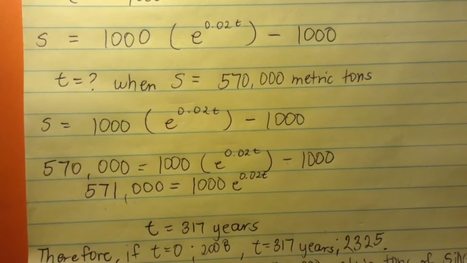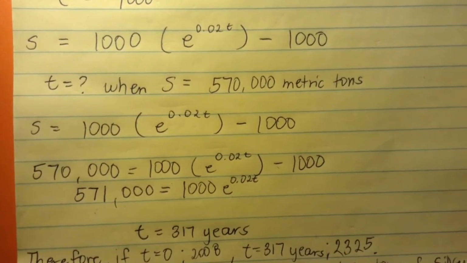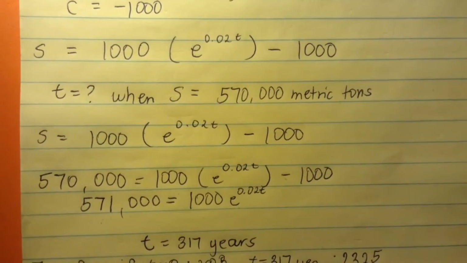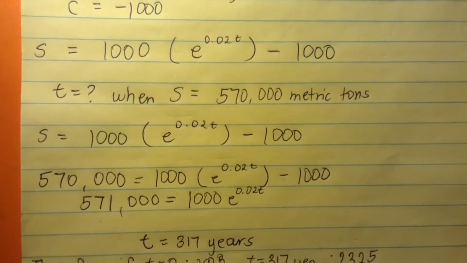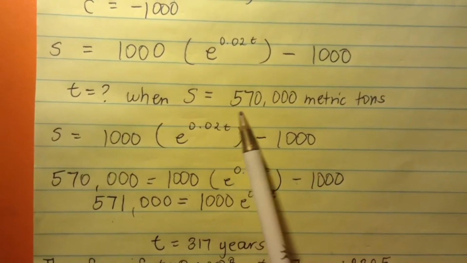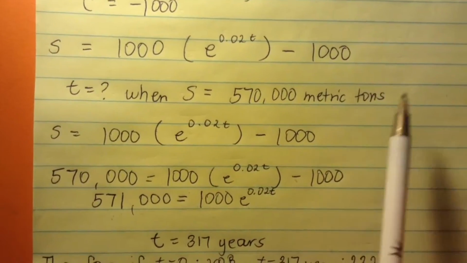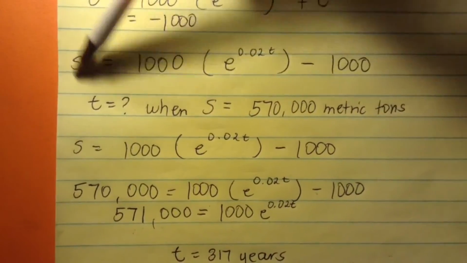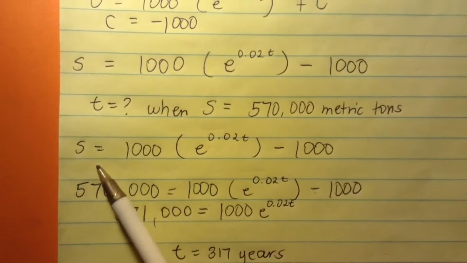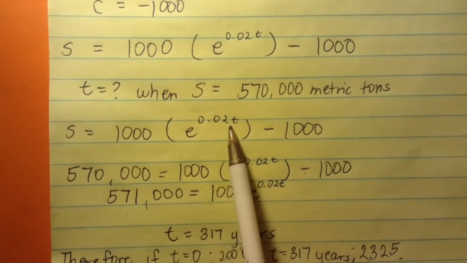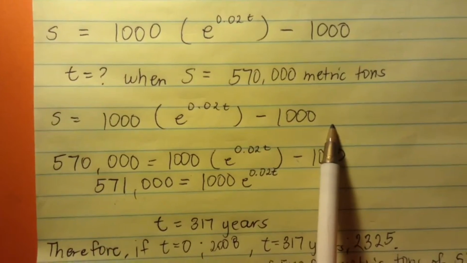Now we can answer the second question. When will the known world resources of 570,000 metric tons of silver be exhausted? When t is unknown and S is equal to 570,000 metric tons. Here we will use the formula that we have solved for earlier, which is S is equal to 1,000 times e raised to 0.02t minus 1,000.